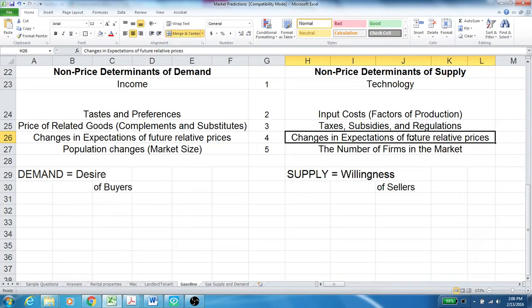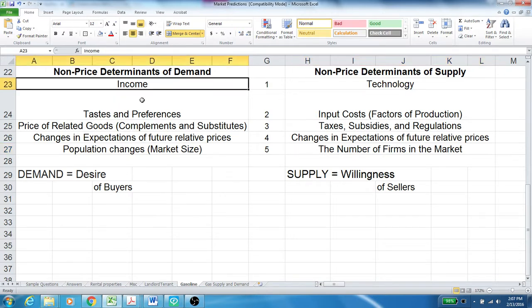They won't wait. They will do so now. Expectations are one of those elements that are self-fulfilling. And then the number of firms in the market: if a company closes or another company opens, a new competitor, more suppliers means a shift to the right, an increase in supply, while fewer sellers means a decrease in supply, a shift to the left.